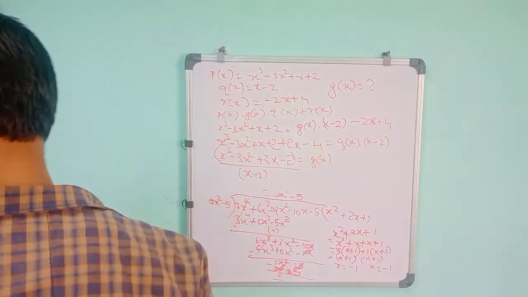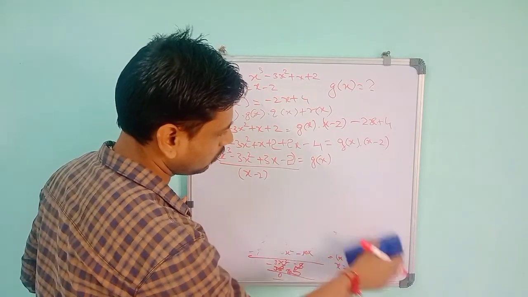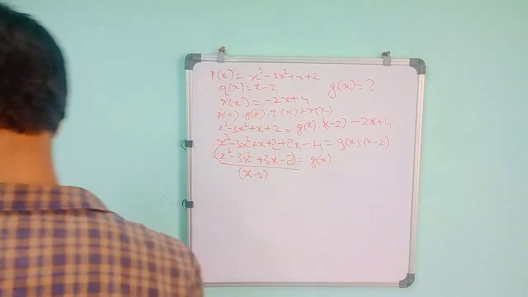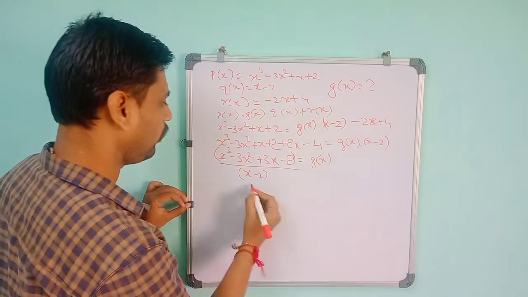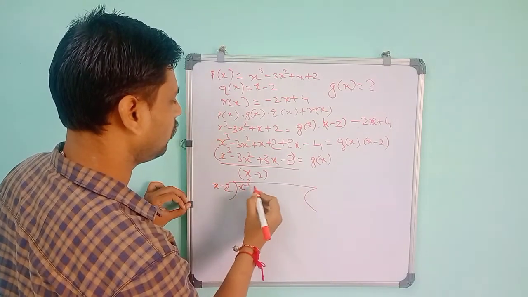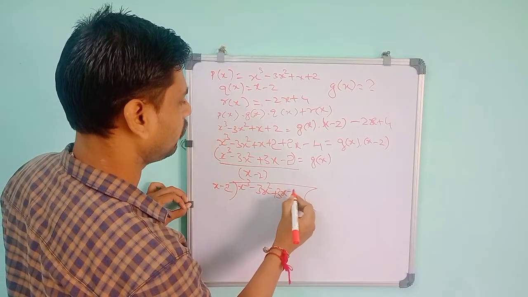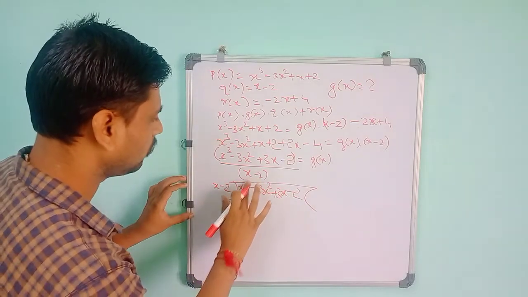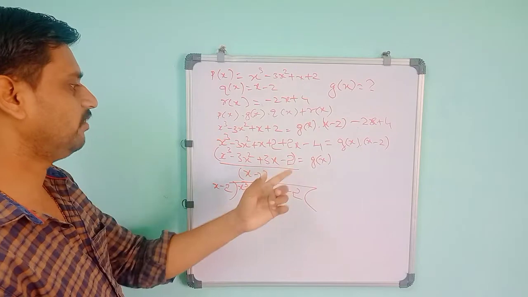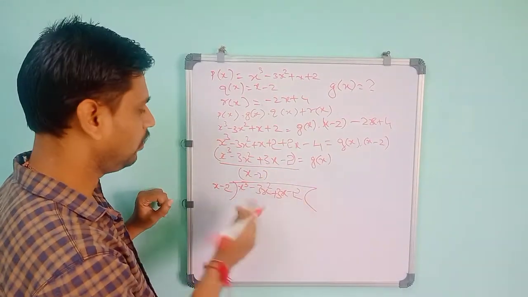So you have to solve by the division method. Take x minus 2 as the divisor and x cube minus 3x square plus 3x minus 2 as the dividend.